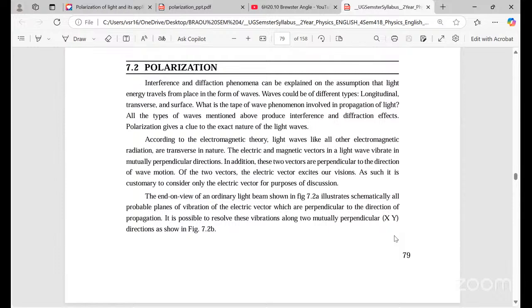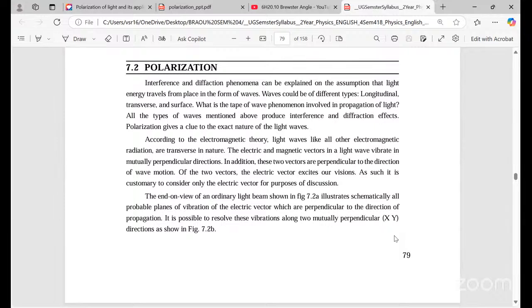According to the electromagnetic wave theory, EM waves, the radiation is transverse in nature. Electromagnetic means there is an electric component as well as a magnetic component. The electric component is capital E and the magnetic component is capital B, where E and B are perpendicular to each other.